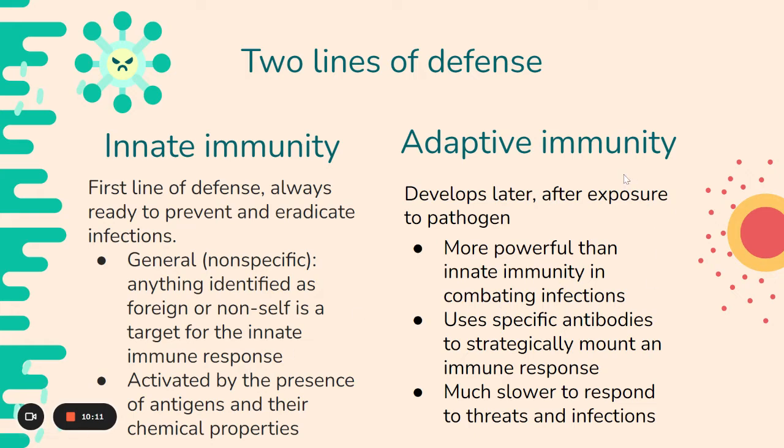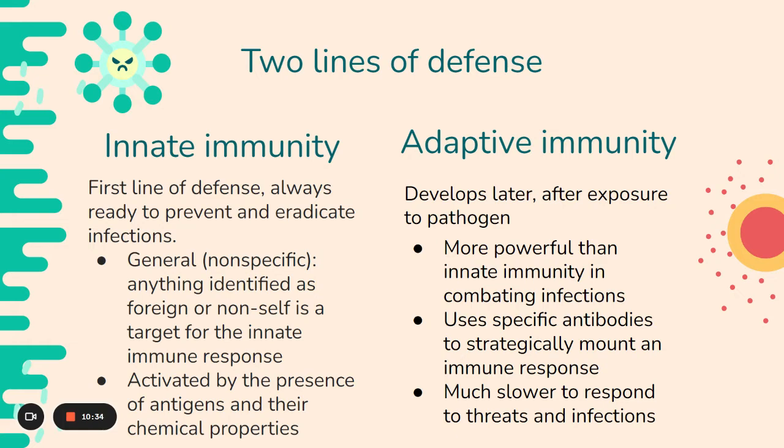And then on the other hand, we also have the adaptive immune system, and this is going to take a lot longer to come into play. So it's going to need to be exposed to a particular pathogen, a particular virus or a particular bacteria, and then after exposure, it'll take maybe a few days for this adaptive immune system to kick in.